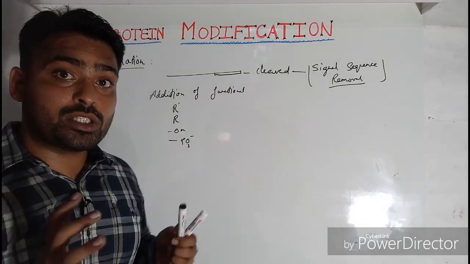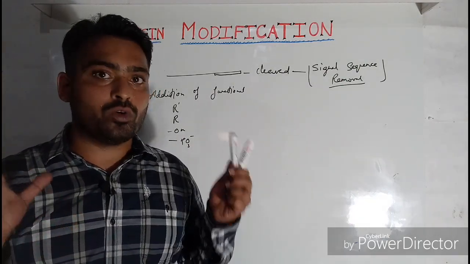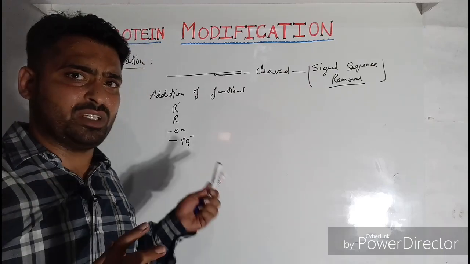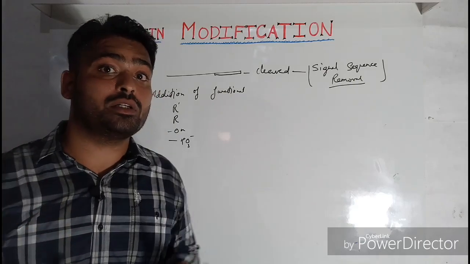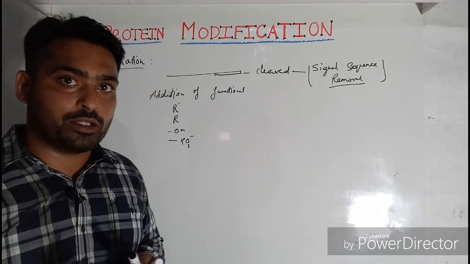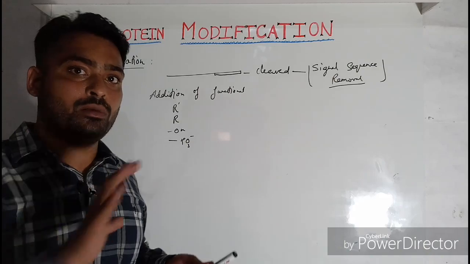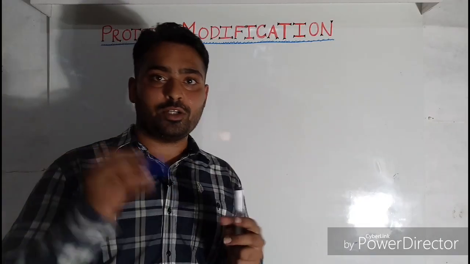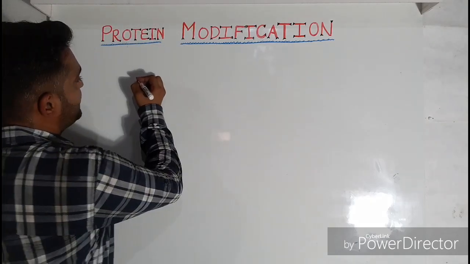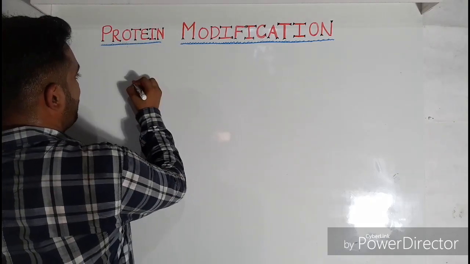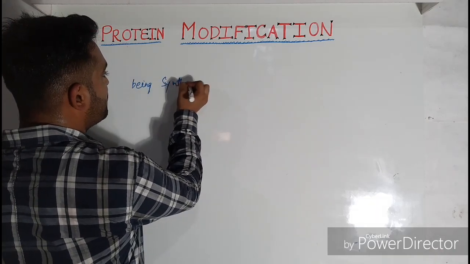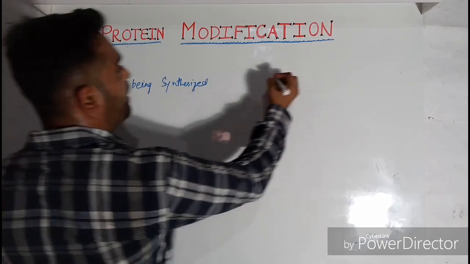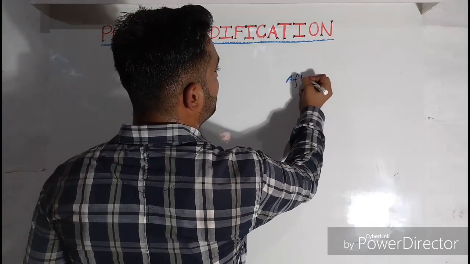Actually the introduction to this topic is too big, and we are not going into the detailed part of this introduction to protein modification. We are only concerned with a few very important modifications which are done to the proteins in the ER. So initially I told you there are two scenarios: when the protein is in the synthesis process, being synthesized, and after it is formed.